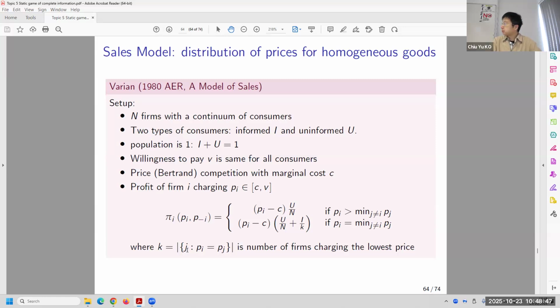Right? For example, you look at the online website of the same good, right? It's not the same, even if you go to Tmall or Taobao, right? The same good, different sellers sell the same good at different prices, right? Or even the same good at different points of time will be different.